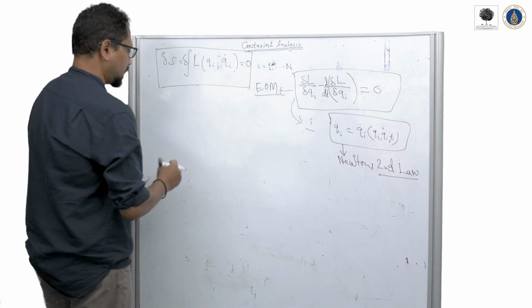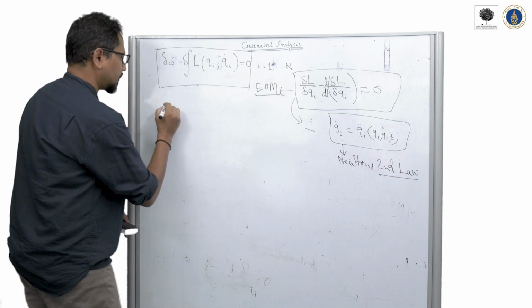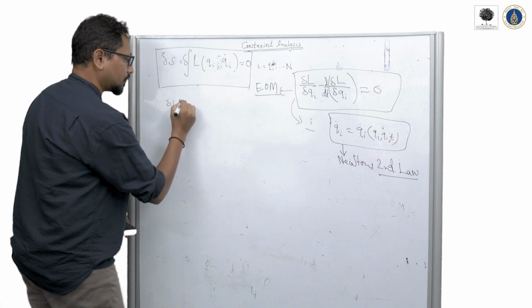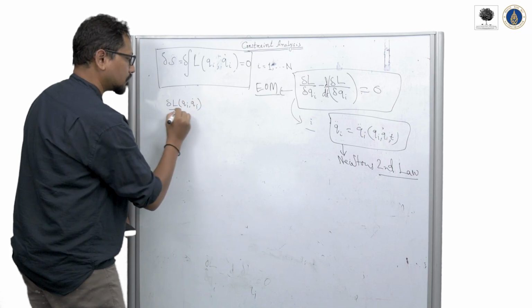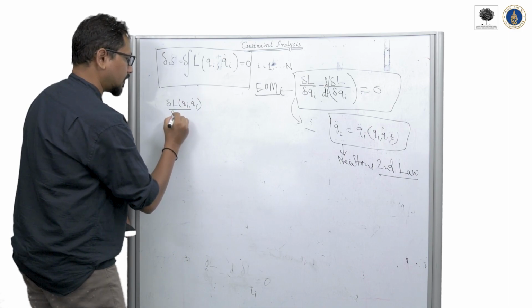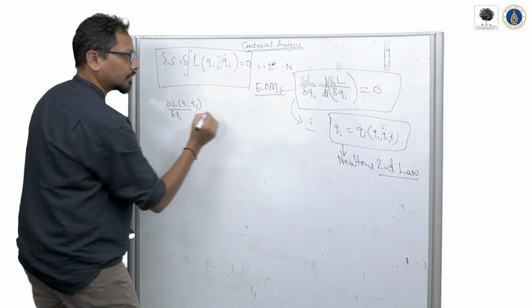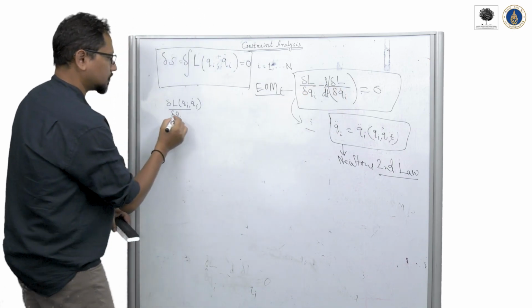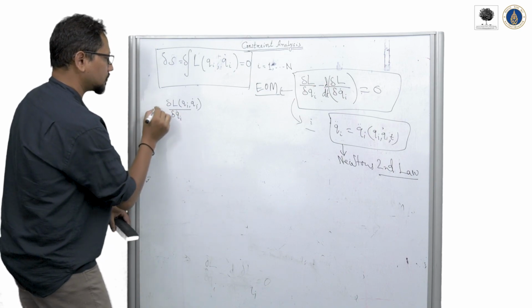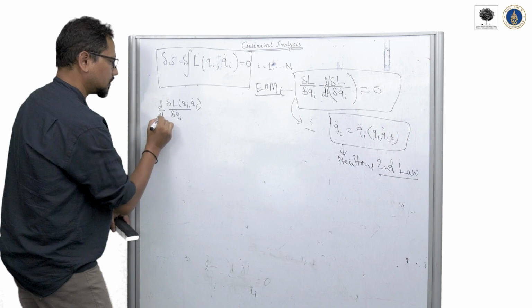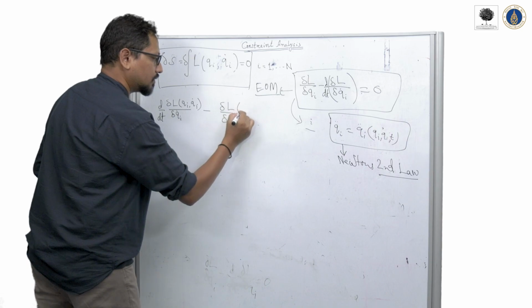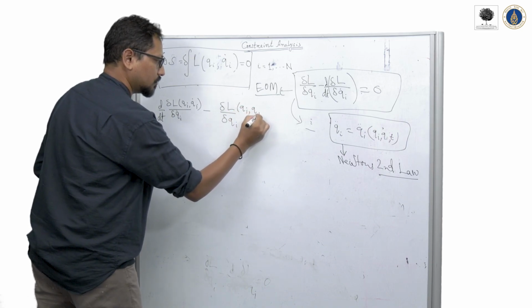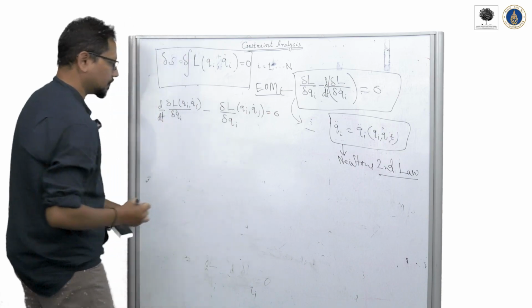Now L is a function of qj and qj dot, so we have del L by del qi minus d by dt of del L by del qi dot equal to 0.